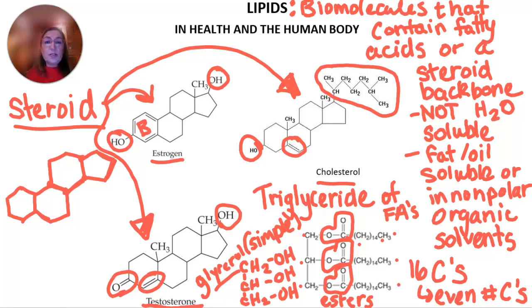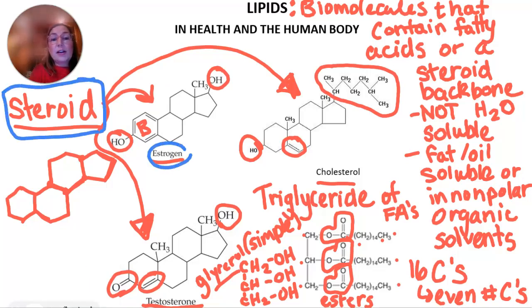Okay, so lipids are this broad class of molecules. They include the triglycerides. They also include the steroid backbone molecules. So again, we had 3 steroid backbones here: estrogen, cholesterol, and testosterone. And then we also had our triglyceride of a fatty acid as an example.